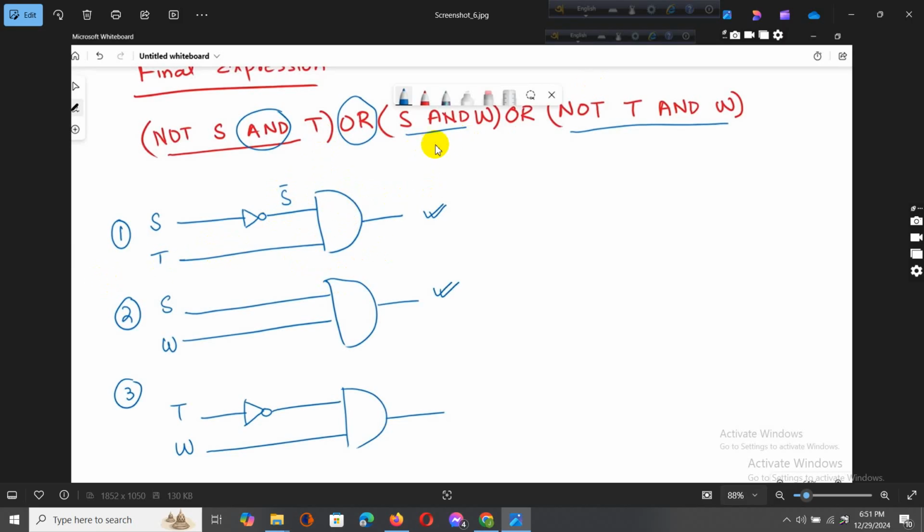And the third logic expression is NOT T and W, wind velocity. T is going through the inverter to the AND logic gate, and wind velocity W goes directly to the AND logic gate.